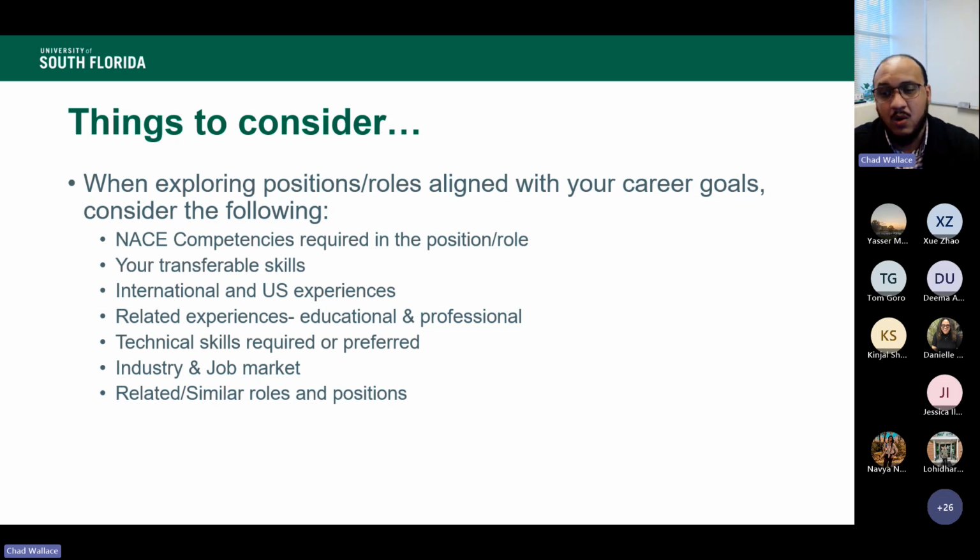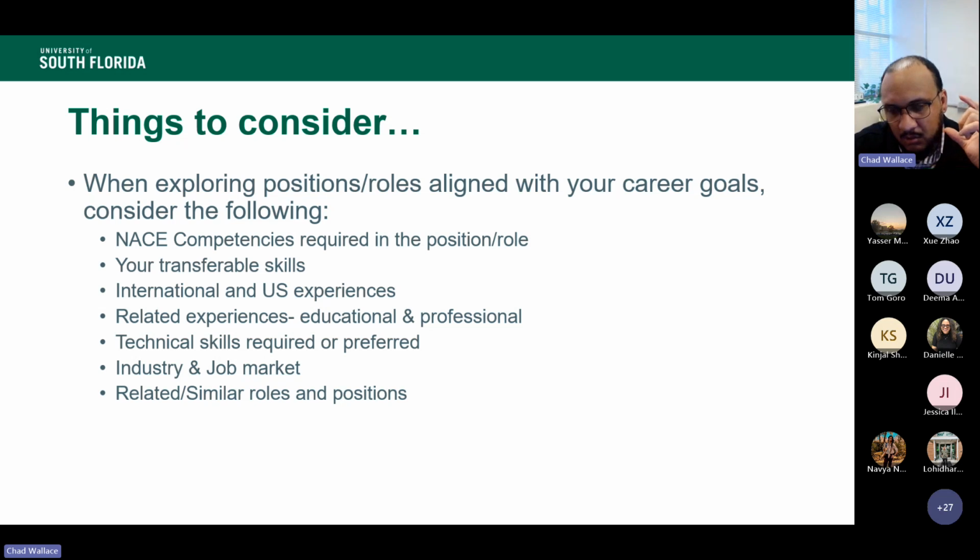How are they relevant or how may they be aligned with your career goals? What have you learned back home that can be applicable to this particular industry, this particular field, or this particular company? What are some things that I've done back home that are transferable or that may be aligned with this company's goal or this company's vision?